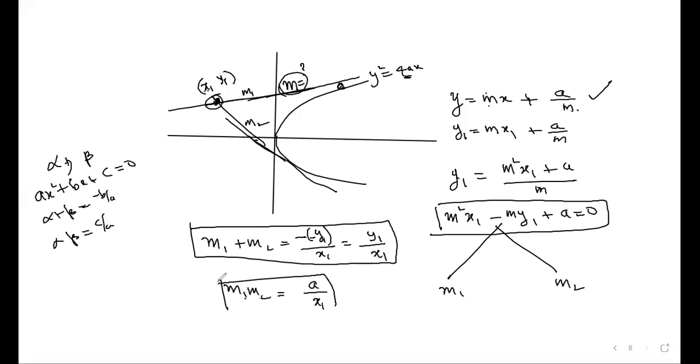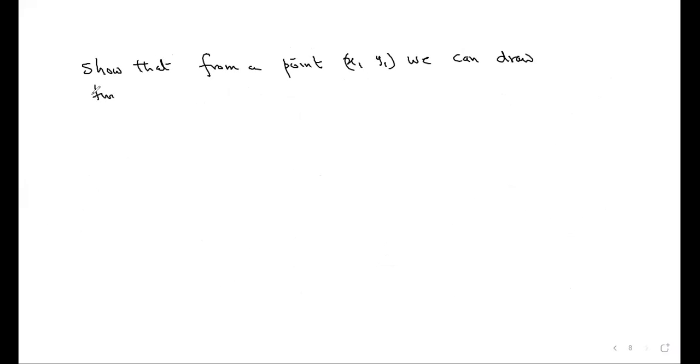Did you follow this? So can we write it down? Yes, sir. Show that from a point x1, y1, we can draw two tangents to the parabola y square equal to 4x.